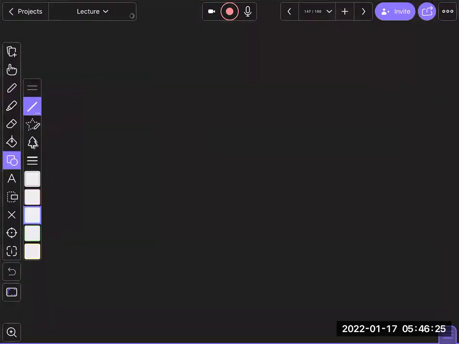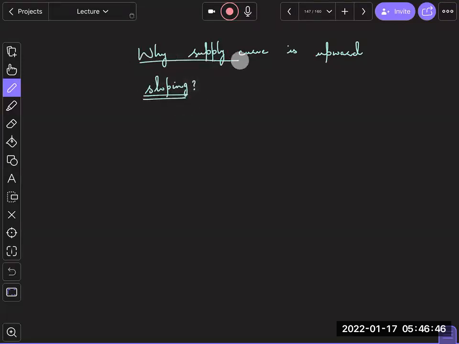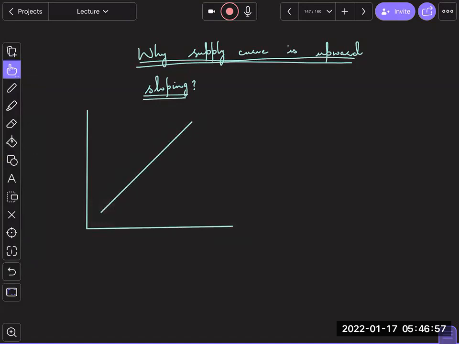There are two main reasons why the supply curve is upward sloping, or why the supply curve goes in the positive direction like this. It will be positive always. And what are those reasons?